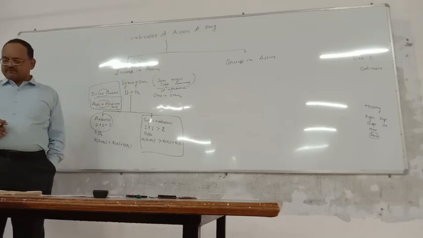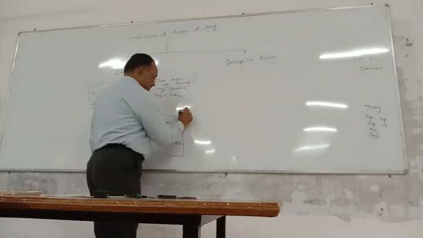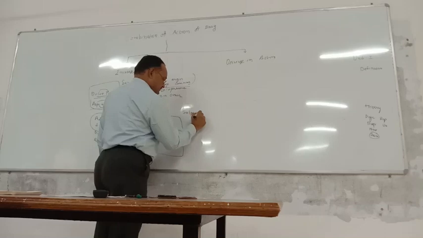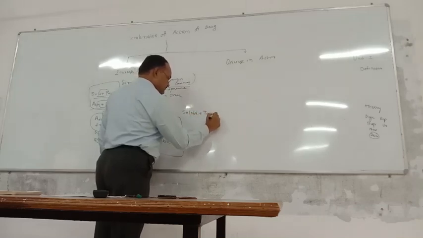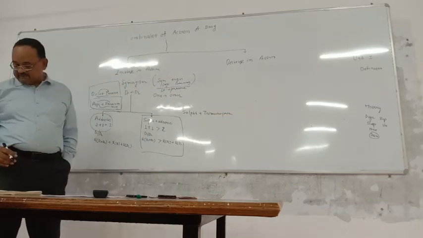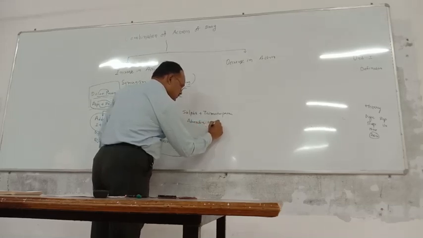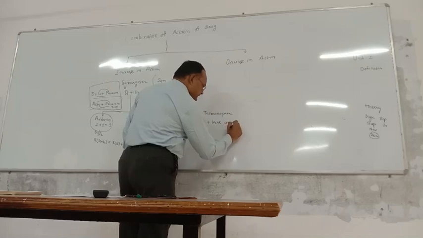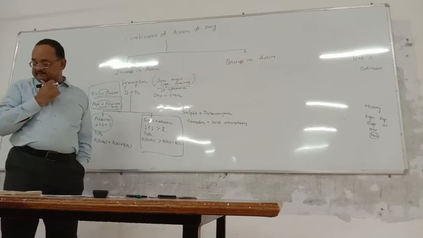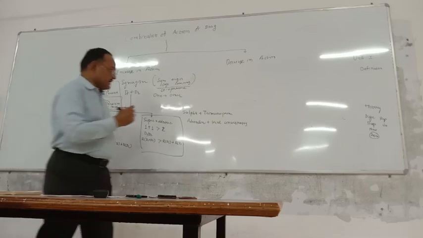So examples are sulfur and trimethoprim, then adrenaline and local anesthetics, then sulfur and pyrimethamine.